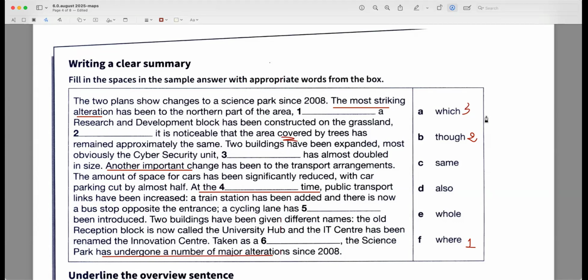Next one, Mia. Yeah, Mia, please do number 4, 5, 6, and also read out loud for number 4, 5, and 6.